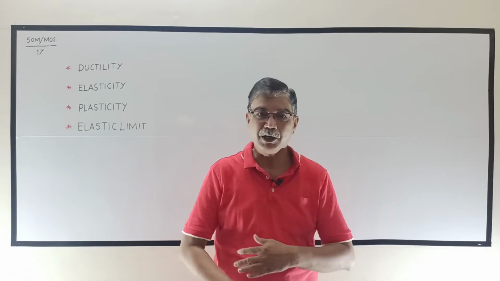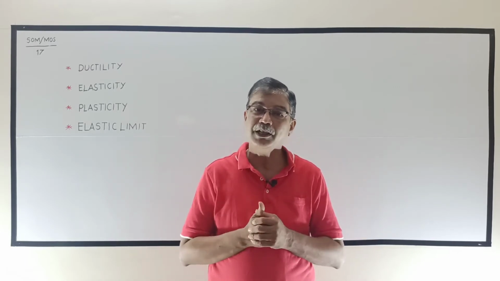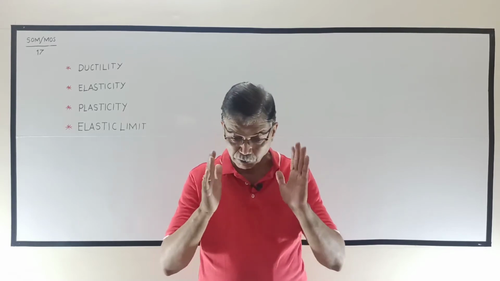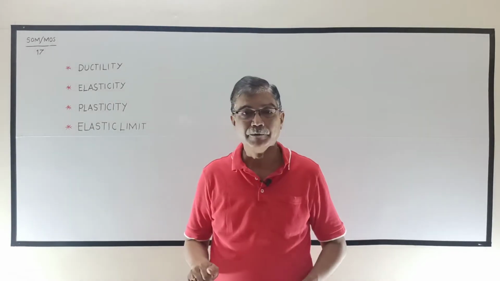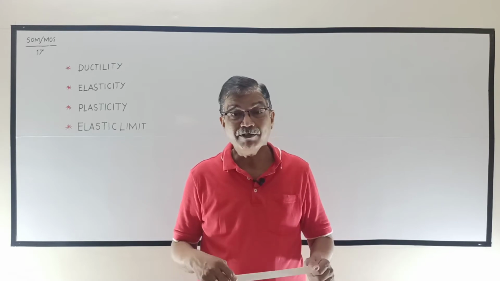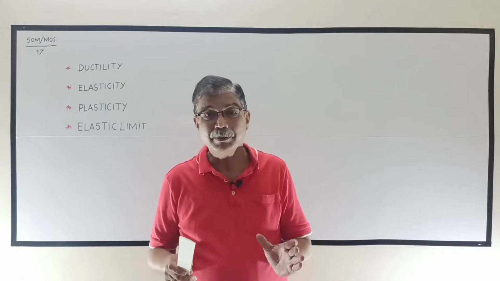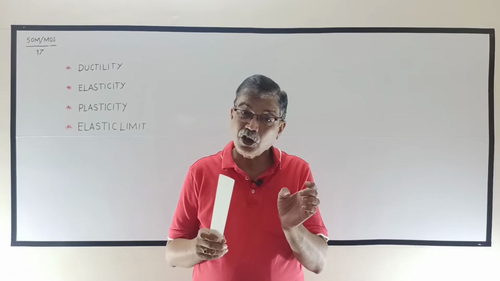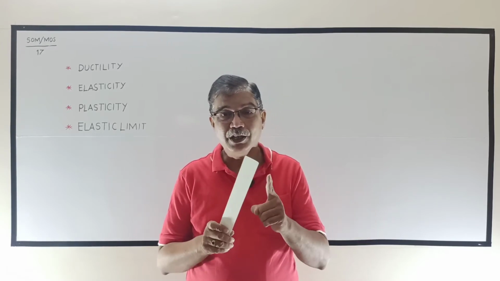The property of a material due to which it deforms due to application of load, and deformation completely vanishes on removal of the load. This is known as elasticity. Means whatever deformation is there in these bodies, that deformation is temporary. It will be there as long as loads are applied. It will vanish as soon as load is removed.